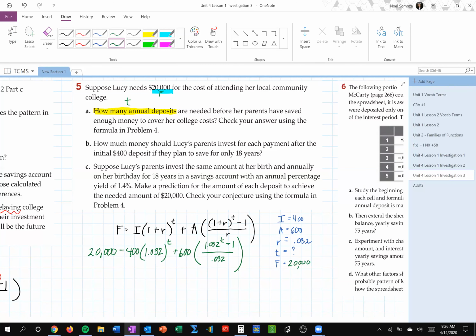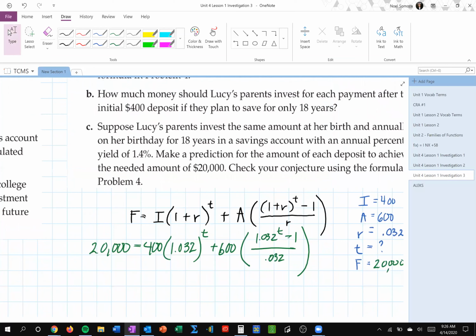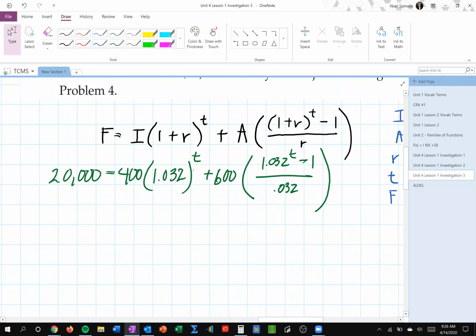All right, so then here's what's going to get a little bit tricky. It's going to require quite a lot of use of algebra. So the idea here is to solve for t. Now, the problem that I have right now is that I have t in two separate locations. If you ever want to solve for a variable, the variable needs to be brought together, the same way that if you were solving an equation similar to 5 equals 3x plus 6 plus 5x, right?